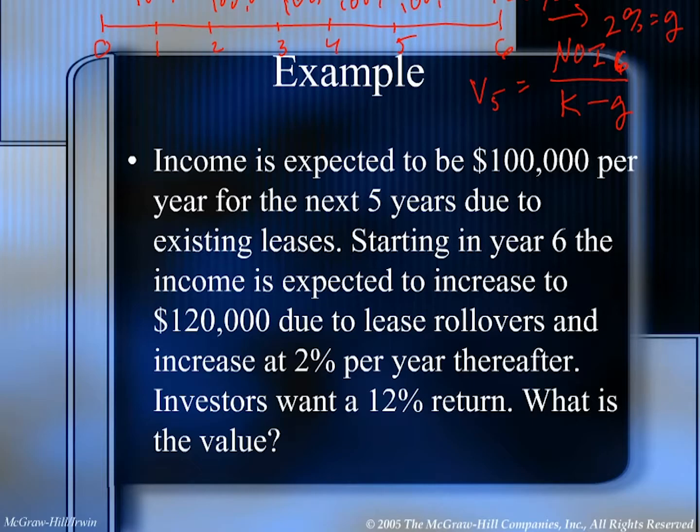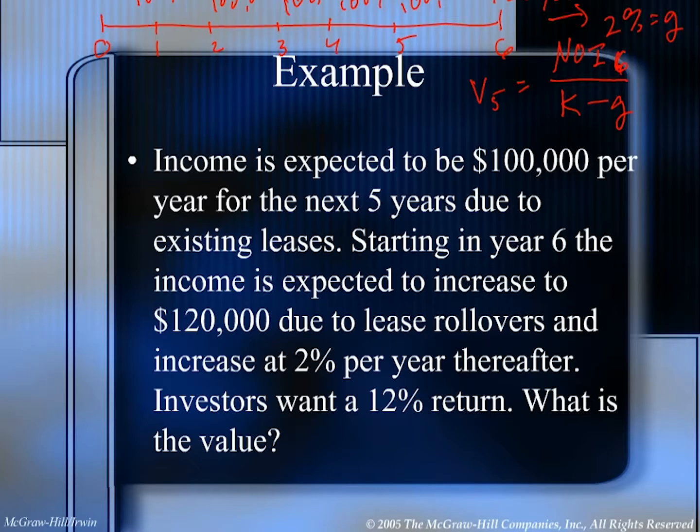So what's the value? I've drawn in a timeline at the top, and you see there's a $100,000 cash flow per year for the first 5. And then in the 6th year, the cash flow goes to $120,000. And at that point, that $120,000 has a constant growth. A constant growth is 2%.